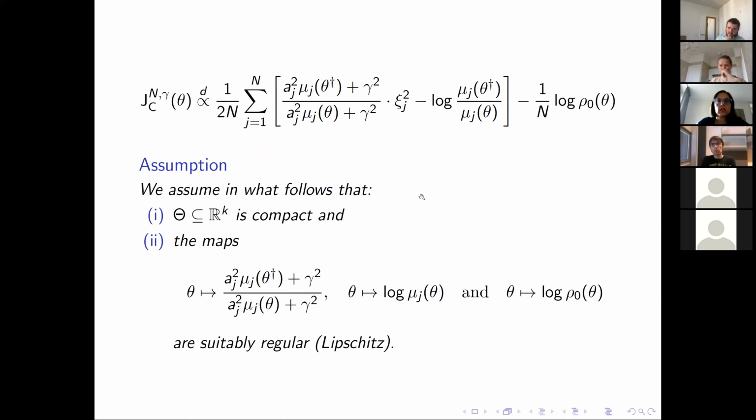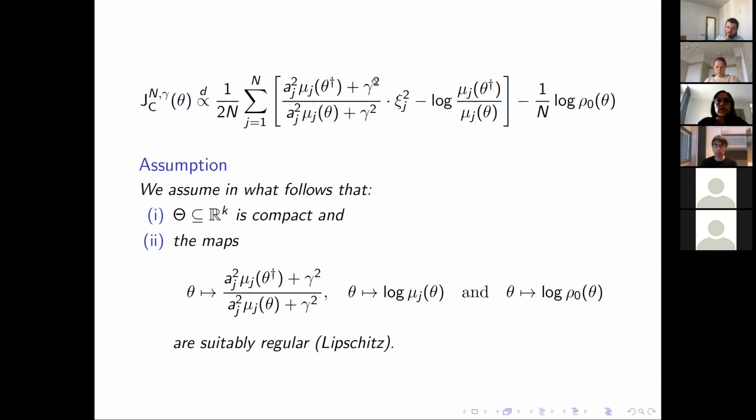What I want to happen next is that at the limit these quantities go close to μ_j at θ dagger divided by μ_j at θ dagger.